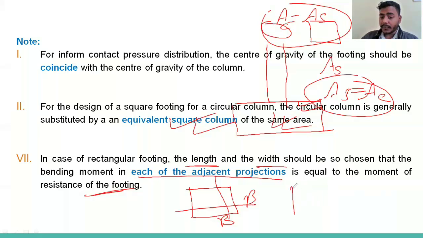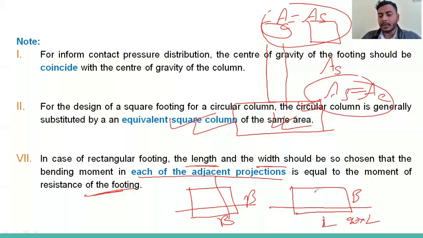But in the case of a rectangular footing, where this is the length and this is the width, if you calculate in one direction, you take the UDL into L and calculate the bending moment from here, and from D distance, all these things. So that will come in a different value.